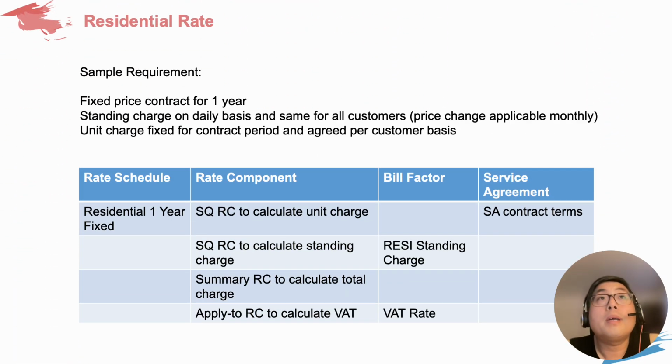Over here we look at, I would say, a relatively simple case. We have a fixed price contract for 1 year, with standing charge, unit charge, and VAT. These are the simple components.